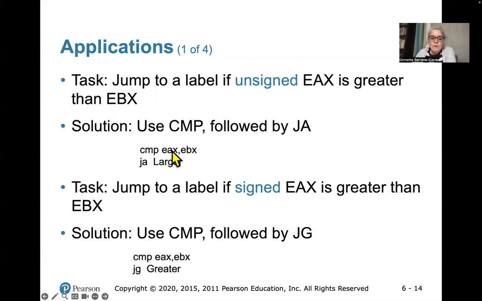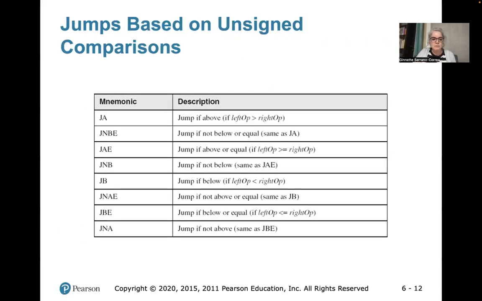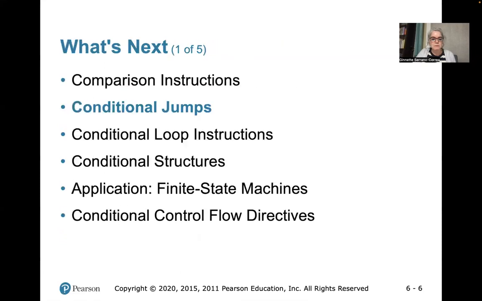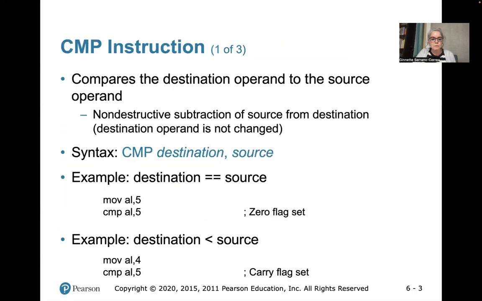So here, when you compare, remember, on the compare, let me go back to this. Yeah. So if it's equal to, the zero flag is set. If it's less than, the carry flag is set.